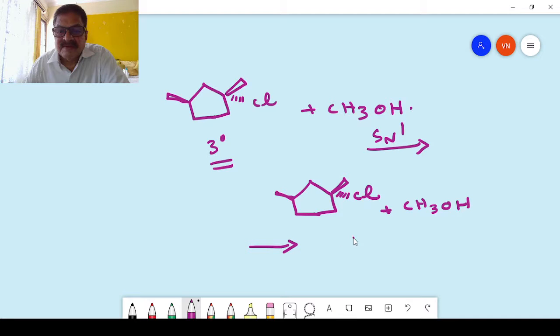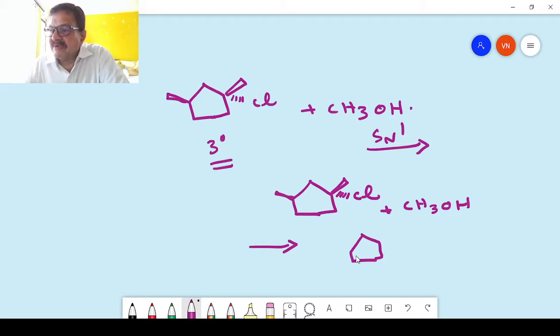So in SN1 we get two different types of products. Racemization will be there. Here you can attack from one side, then another possibility is from the other side. One will be below the plane, the other will be above the plane.